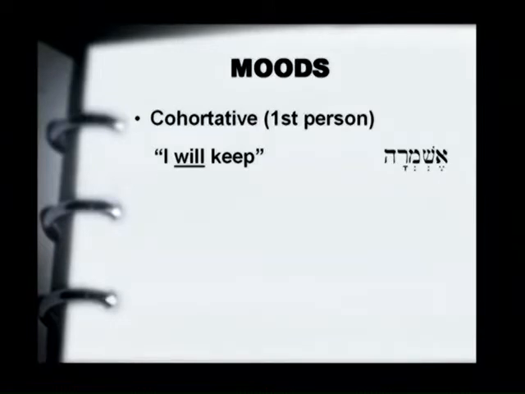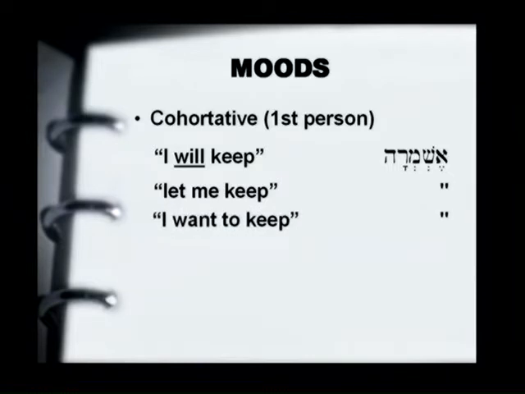The paragogic he is not always used. It can have the idea of determination. I will keep is the idea. It's not just a simple future. It's the idea of determination. I will keep. Let me keep. It can be the same form, but by context an idea of permission. I want to keep. That's by desire. Again, by context. I may keep.